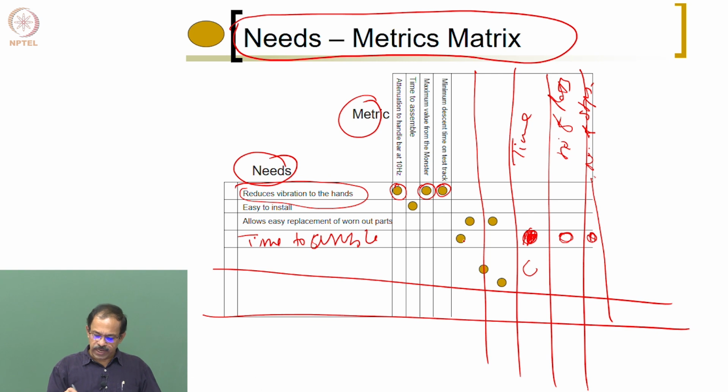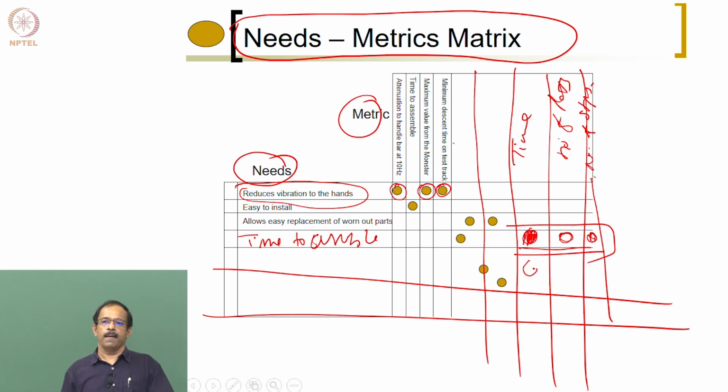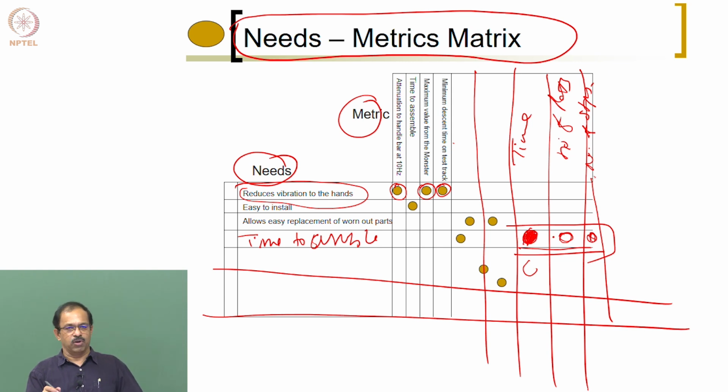So like this, you can prepare a matrix where you identify the needs, the metrics, and how these needs and metrics are related in terms of their influence on the need. Which metric has the highest influence on the need can be represented using different notations. You can use a dark circle or a light circle or some other way to say that, okay, this is the most important one.